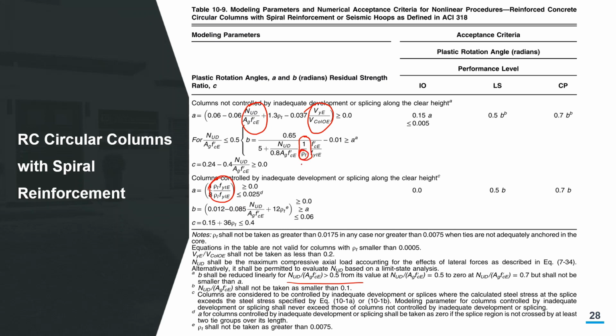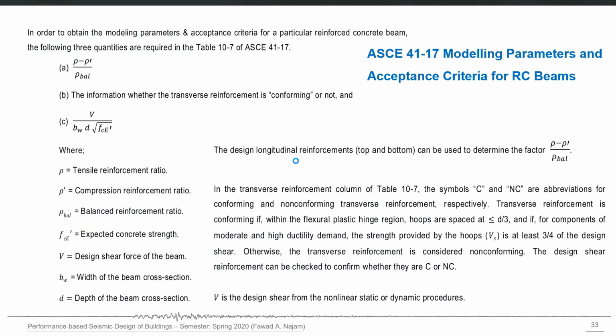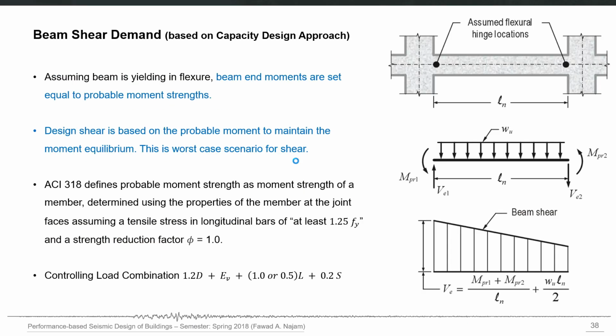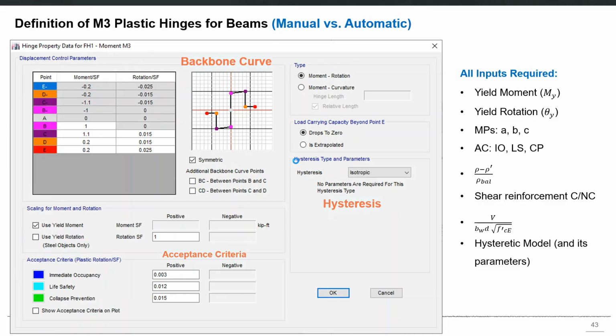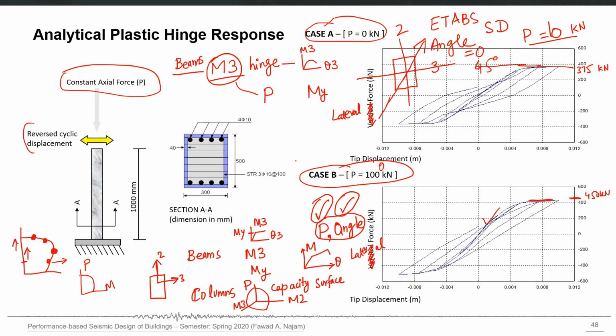All that information the program will ask from the user directly in just one form while defining the auto hinges for columns, and then the properties will be calculated based on these tables of ASCE 41, and finally the program will first generate the plastic hinges and then assign them to those particular columns.